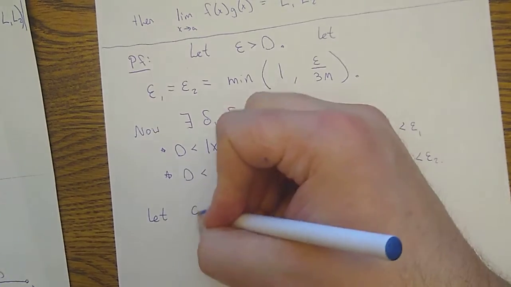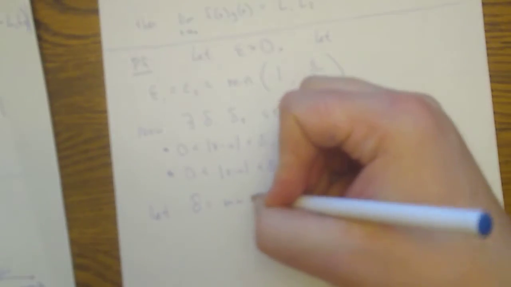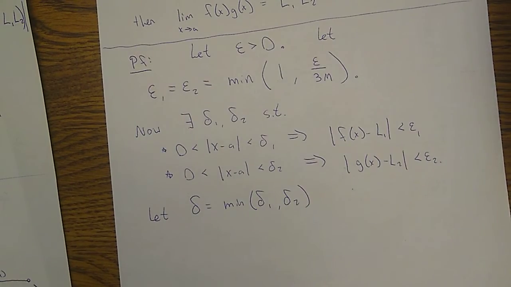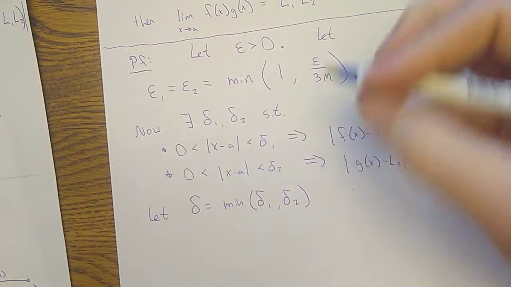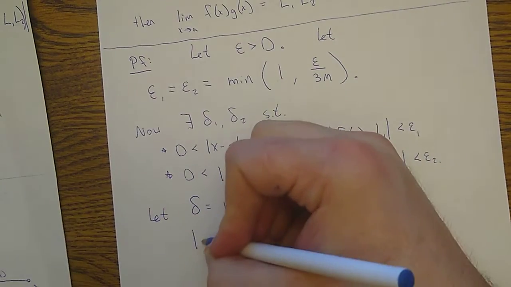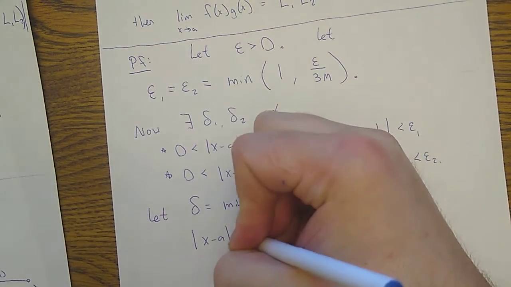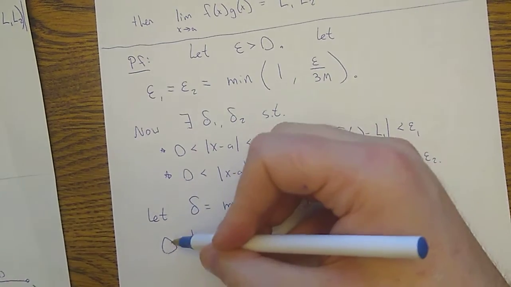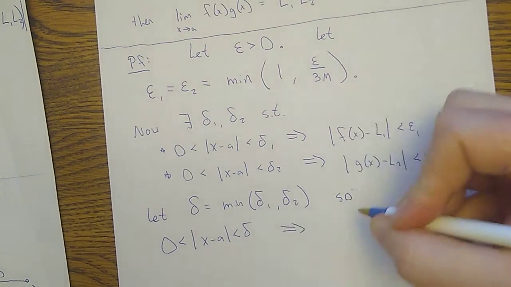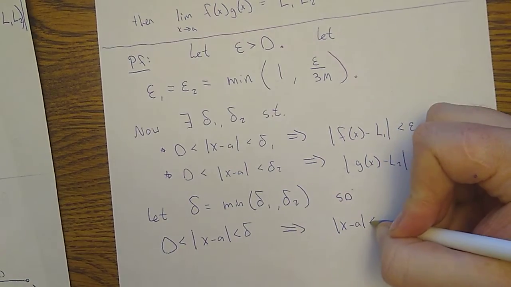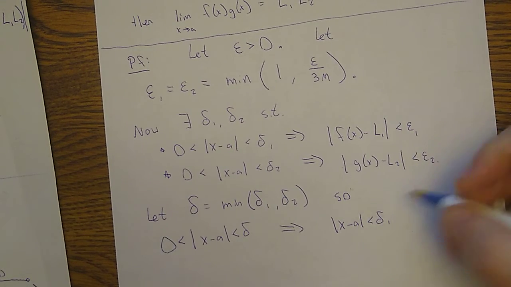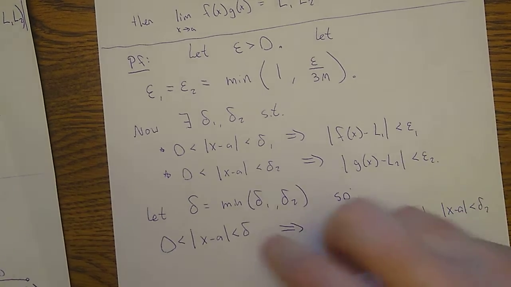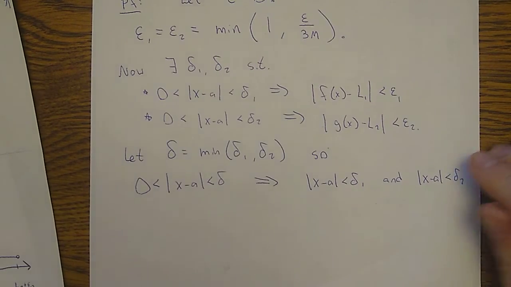Similarly to the last proof, I'm going to let delta be the min of delta 1 and delta 2. That way, if the absolute value of x minus a is between 0 and delta, then that means this is smaller than delta 1, and it means it's smaller than delta 2, because delta is just the min of delta 1 and delta 2.